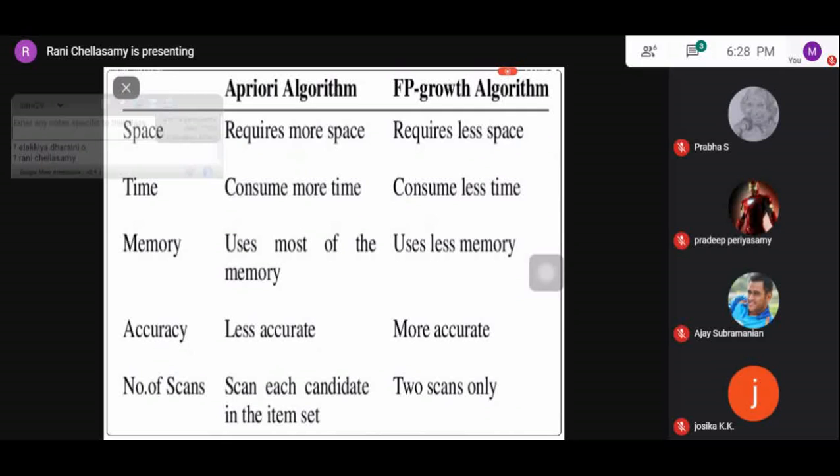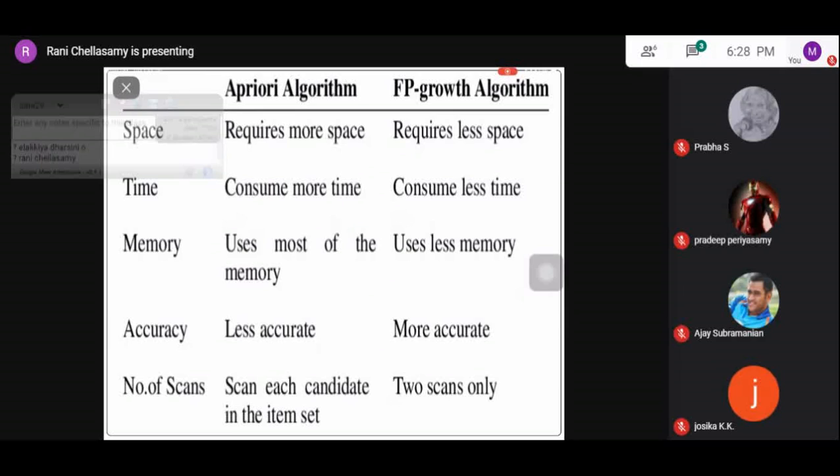Coming to memory, Apriori uses more memory and FP growth uses less. I think memory and space refer to the same thing, so no need to go by two different factors. Coming to accuracy, the Apriori result is going to be less accurate compared to FP growth, which achieves more accuracy.